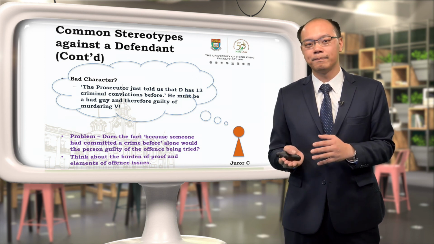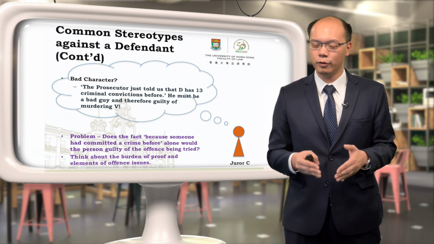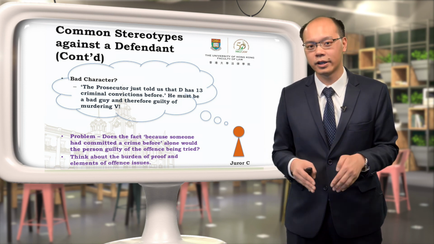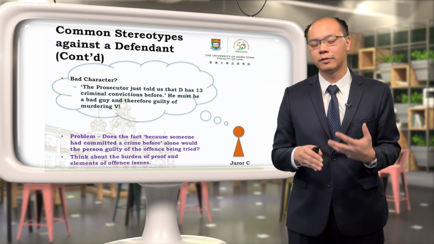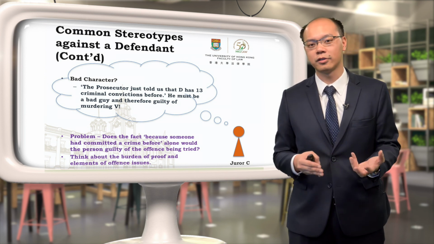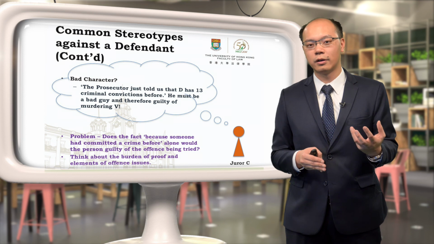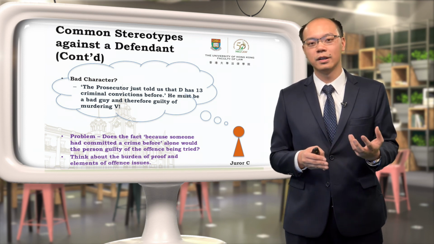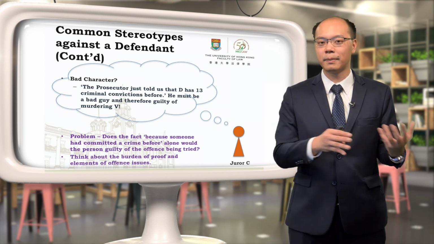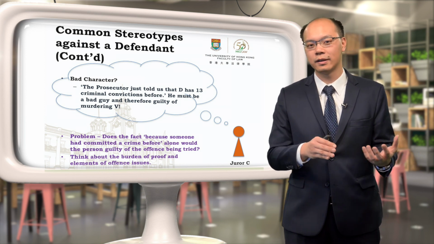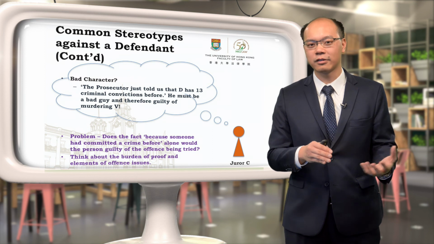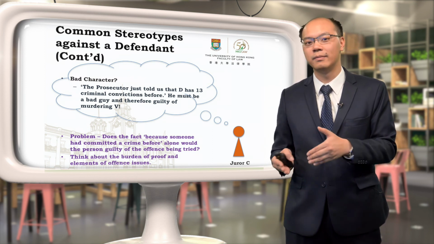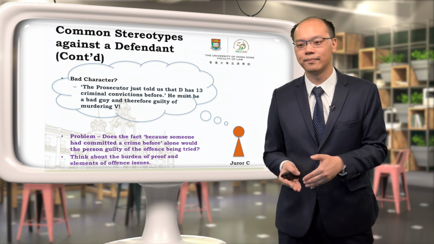So in order to prove that the defendant had committed murder in this particular case, you still have to rely on the relevant evidence adduced by the prosecution. So you cannot just rely on some rumors or evidence about what the defendant did in the past, or how bad the character of the defendant was in the past, to show that it's him committing the current offense, right?